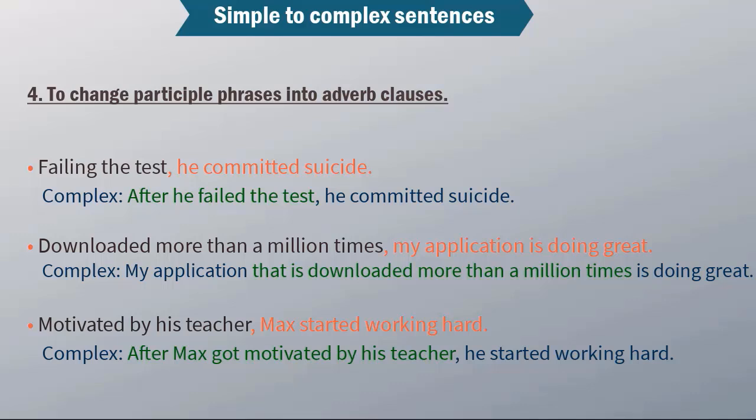When did he start working hard? After he got motivated by his teacher. So this entire clause, after Max got motivated by his teacher, is a dependent clause that's giving information about the main clause, he started working hard. So it's working as an adverb. Okay, so we'll call it an adverb clause. So guys, that is the fourth way to do it.